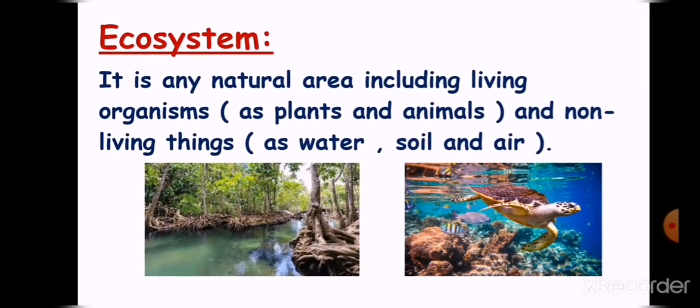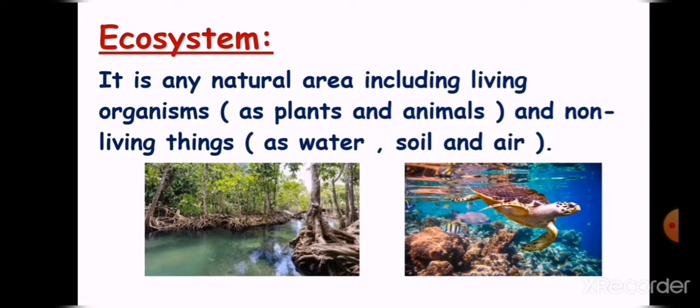Each one of these natural areas is called an ecosystem. So the ecosystem is any natural area including living organisms such as plants, animals, and non-living things like water, soil, and air.